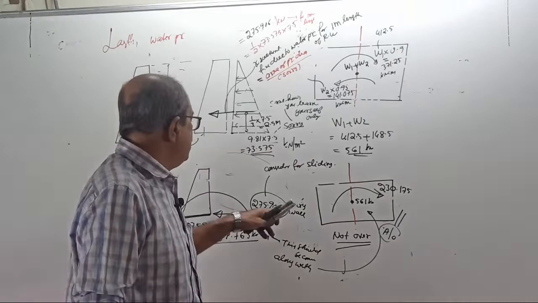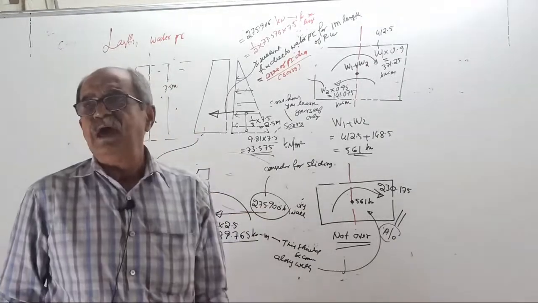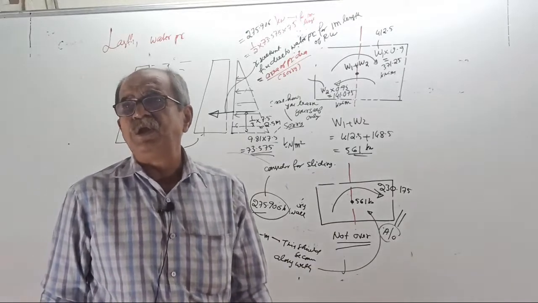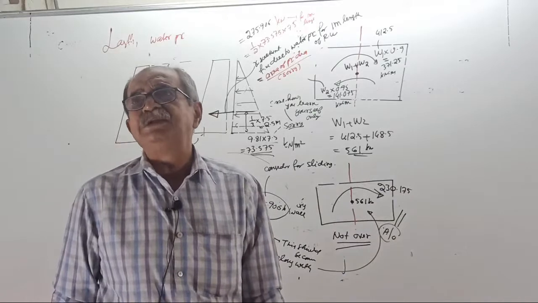You compare it with the sliding force and find the factor of safety. Usually a safety margin of around 1.5 is required. If the sliding force is 100, the resisting force should be at least 150.